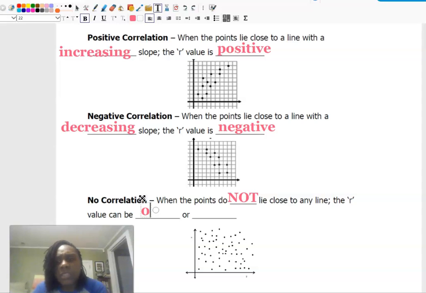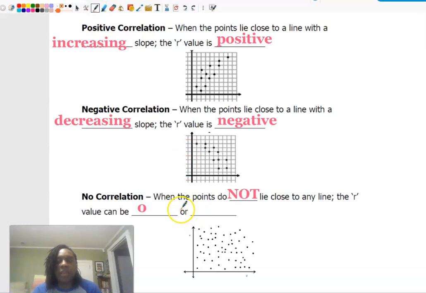This part is a little bit subject to change depending on which resources you're looking at and how they describe it. Some describe a range for no correlation between -0.2 and +0.2, and others say it has to be right at 0. So we're just going to go with the 0 part right there. So we're going to stop right there.